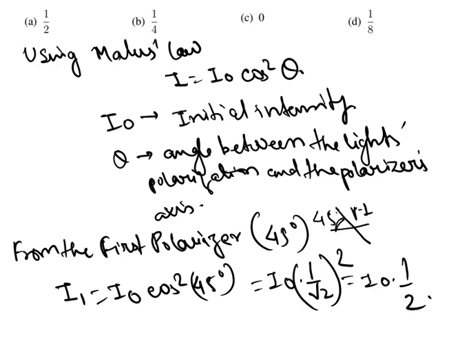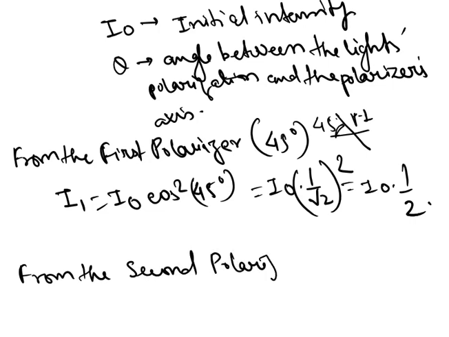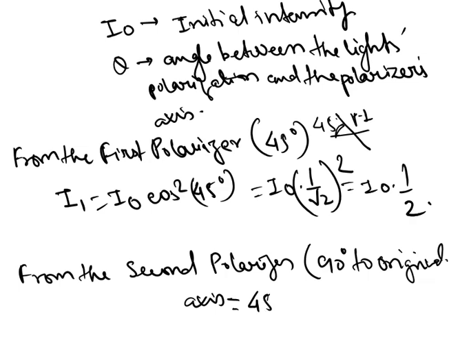Right, from the second polarizer, which is 90 degree to original axis, which is equal to 45 degree to current light.